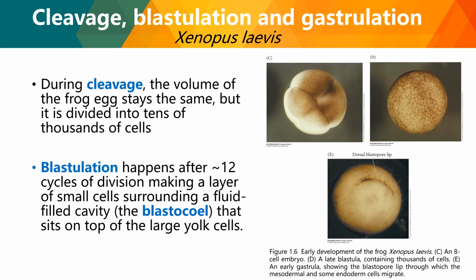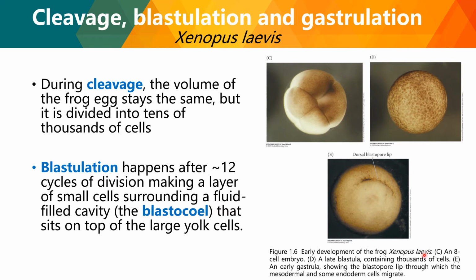During cleavage, the volume of the frog stays the same, but it is divided into tens of thousands of cells. And then blastulation happens after approximately 12 cycles of division, making a layer of small cells surrounding a fluid-filled cavity you call the blastocoel that sits on the top of the large yolk eggs.